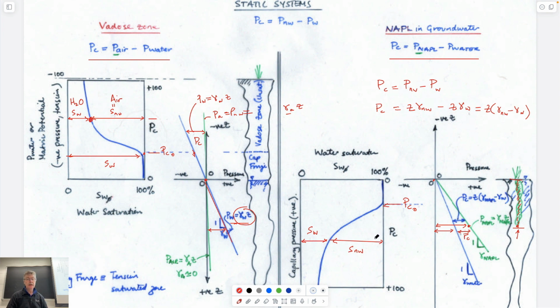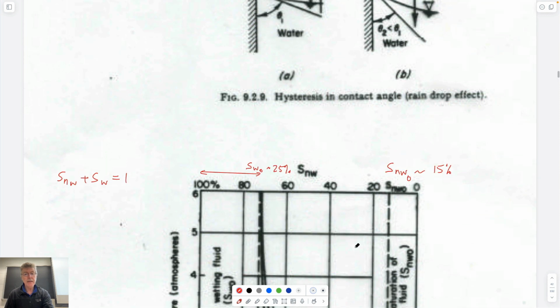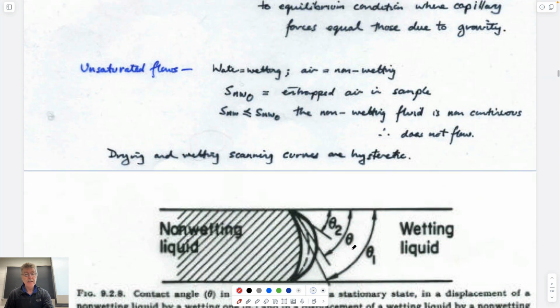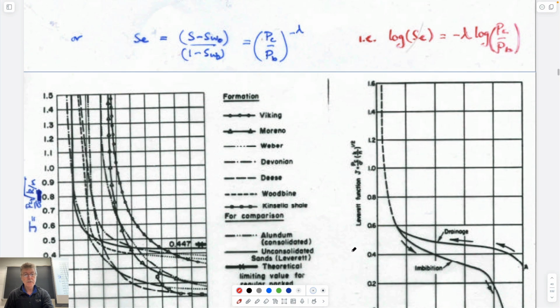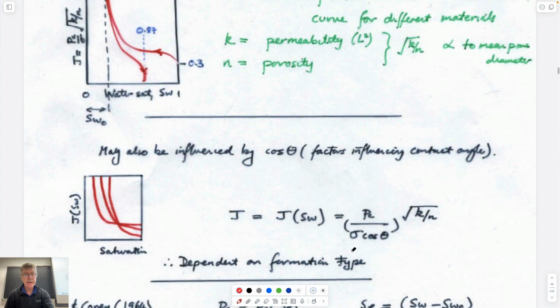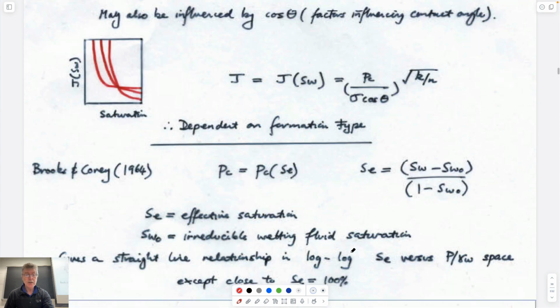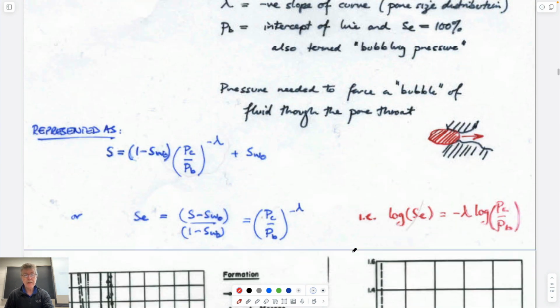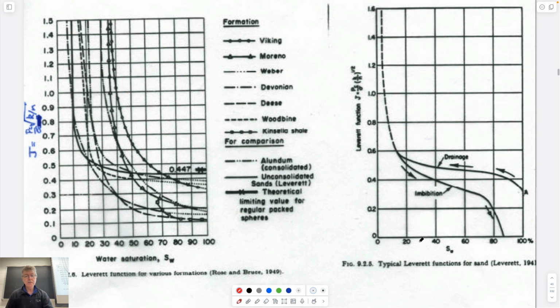And the last, perhaps, thing to mention, since we have 5 minutes, which I think is another key feature, is that these capillary pressure versus saturation curves we can think of as looking like the curve we have, but we can also write them in a non-dimensional way.